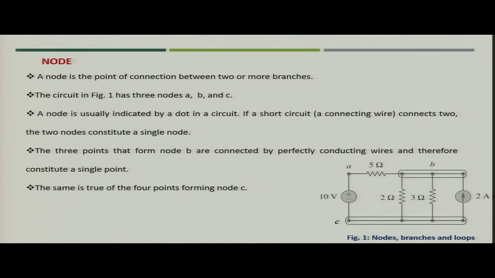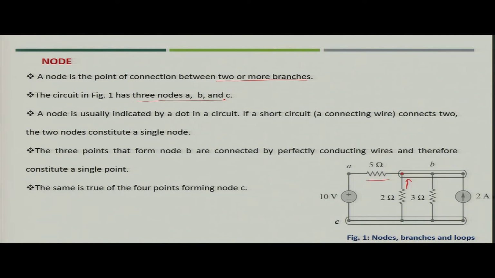Now, let us talk about node. A node is the point of connection between two or more branches. Now, in this case this is a node because it is connecting this and this branch. So, a node will be the connection between two or more branches.